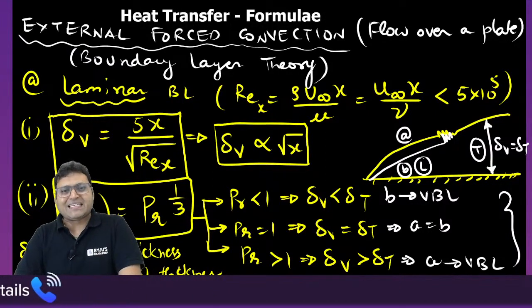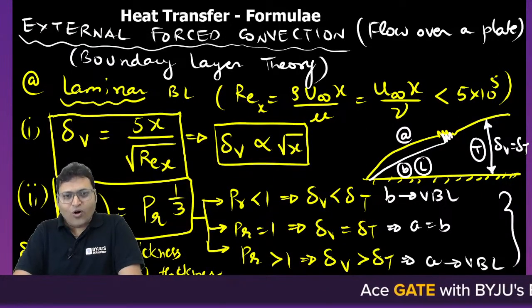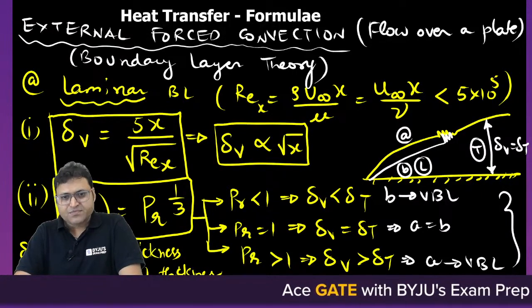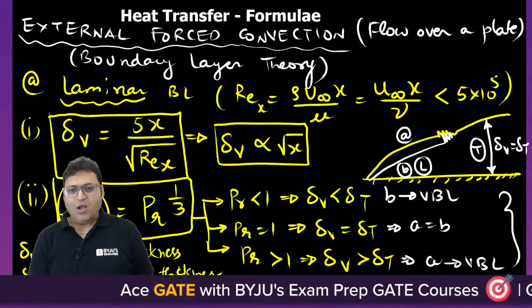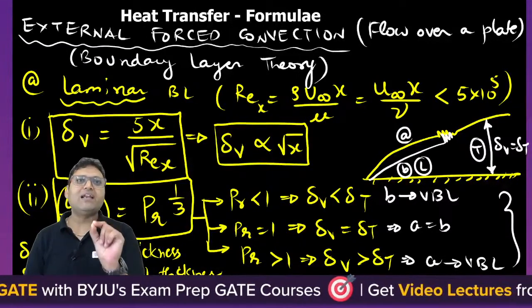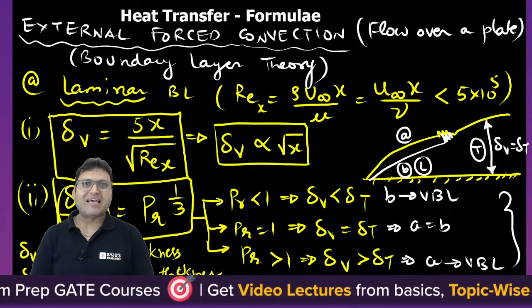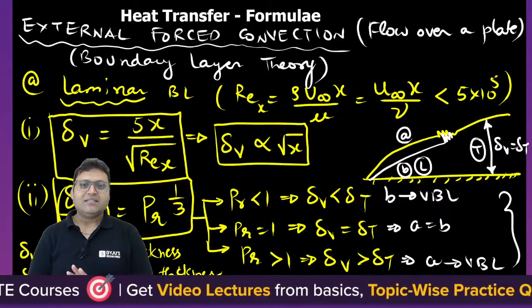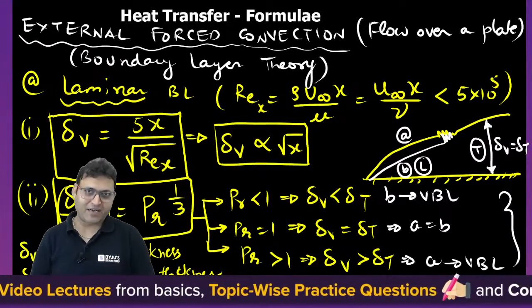So these are the standard formula you should memorize for laminar boundary layer over a flat plate. In laminar boundary layer region, the thermal boundary layer and velocity boundary layer will be different. Whenever there is a flow over a flat plate, the growth of velocity boundary layer and the thermal boundary layer is different.